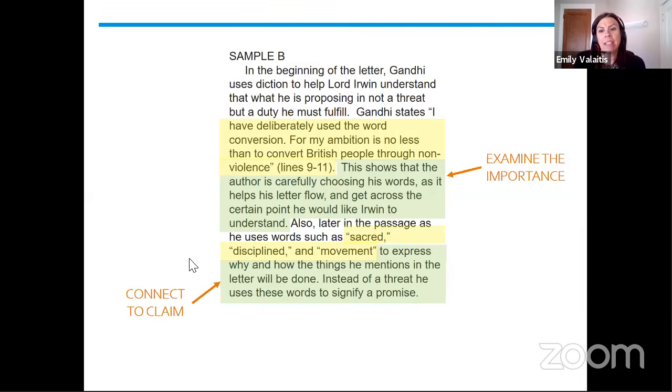The student says that it shows he carefully chooses his words, but it doesn't explain how or which words. It's a little vague, and the student also says it helps the letter flow, but that's not necessarily what the claim is making in this body paragraph. It's about proposing not a threat, but a duty he must fulfill. So the flow of his letter doesn't really relate much either.